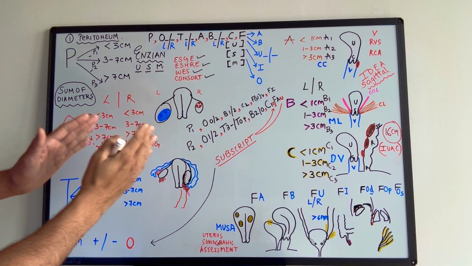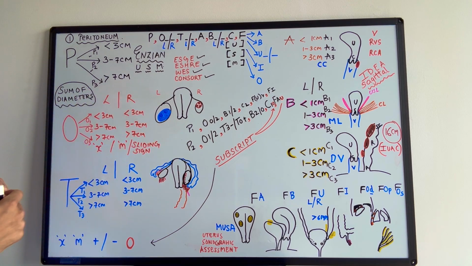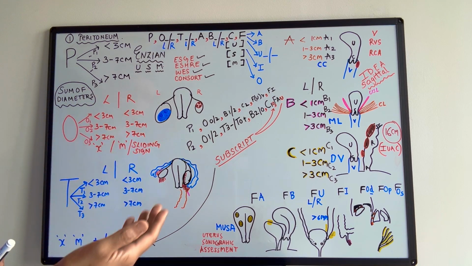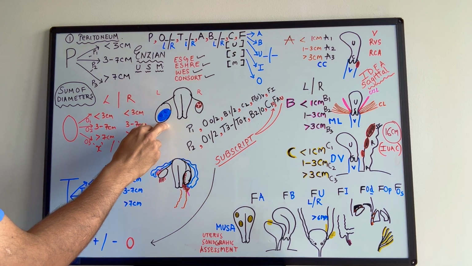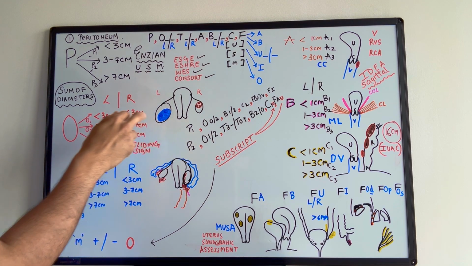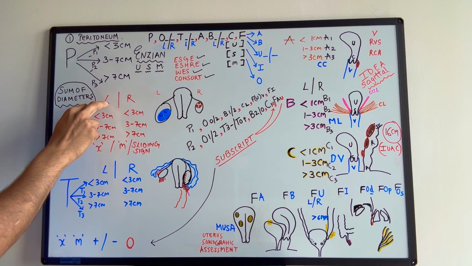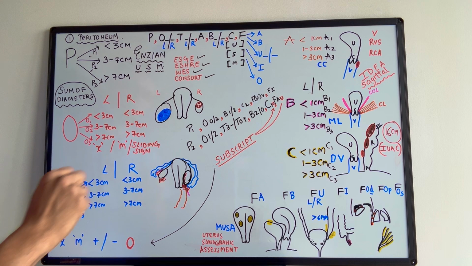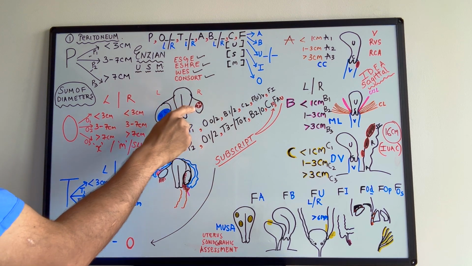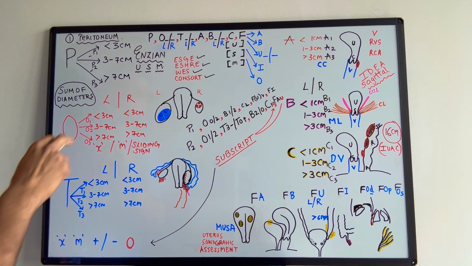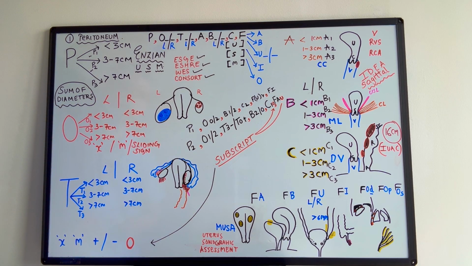Now if we go back to the staging, how are we going to describe the ovary? The left ovary is around 4 centimeters, so it becomes O2 on the left side, and on the right side it's around 2 centimeters, so it becomes O1 on the right side.